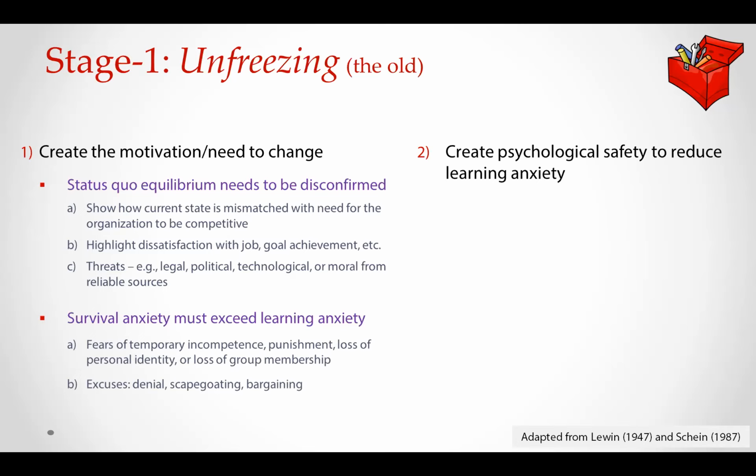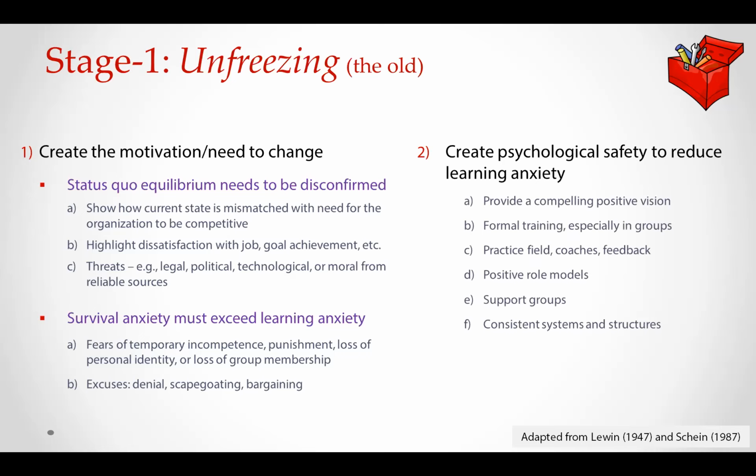The second one is to create psychological safety. You do that by providing some positive, compelling vision, allowing people to train themselves, improve their competence. Because as you improve competence, you also become more confident. And when you're confident, you have a general feeling of positiveness in you.